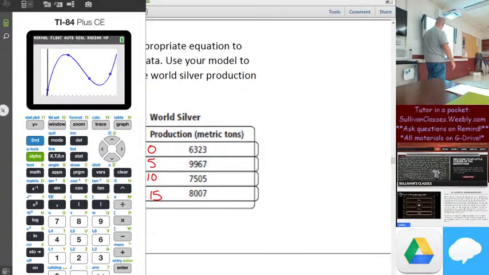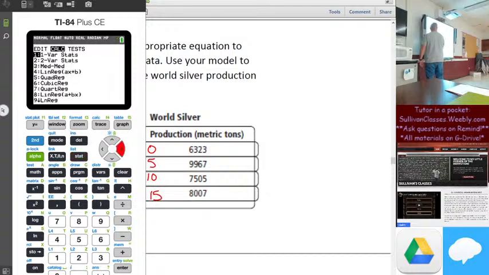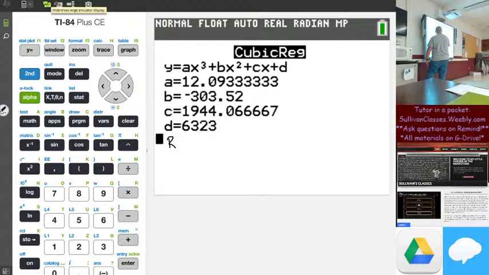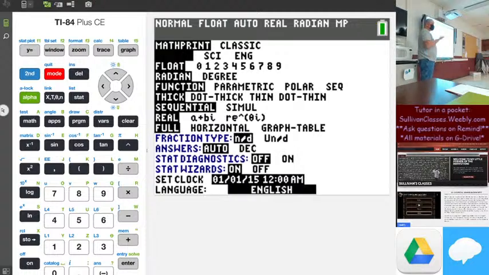Now this one, I'm going to see a dip in the silver production and then it starts going up. It makes sense that this will continue to go up. Okay, so you all had the model on there, stat, calculate, cubic regression. I get to this. You notice there's something missing off of here? Diagnostics, okay? If I'm on a TI-84, it's just one of my modes. I'm going to turn stat diagnostics on.